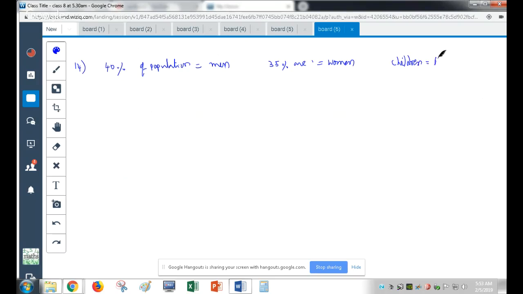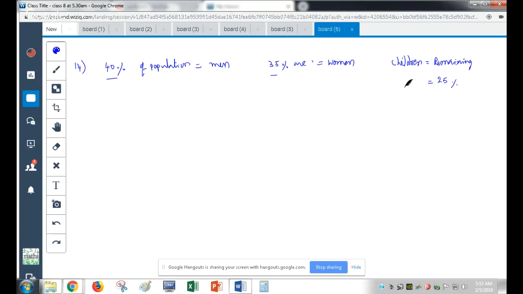Children are remaining. If you can see 40%, 35%, 75%. And what should be the children? 25%. Okay, you can simply do like this.